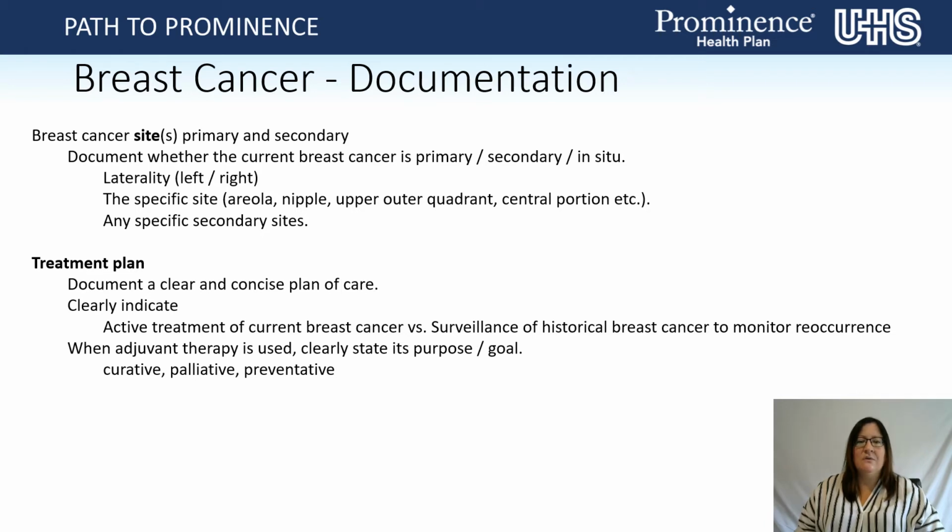Documentation should also include a treatment plan. Document a clear, concise plan of care. Clearly indicate active treatment of current breast cancer versus surveillance of historical breast cancer to monitor recurrence. When adjuvant therapy is used, your documentation should clearly state the purpose and goal of that adjuvant therapy. Is it curative, palliative, or preventative?